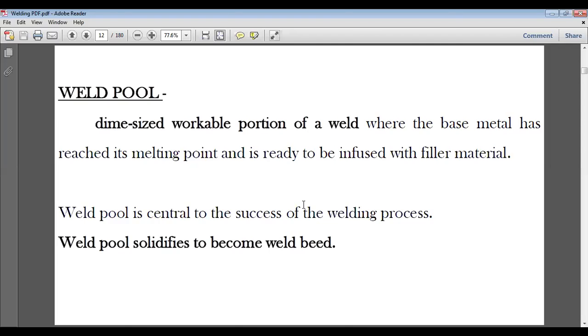So the weld pool is the place where the molten metal fuses together, and within seconds it becomes hardened and converts into the weld bead, the design that we see at the joining of the two parts. This is called the weld bead.